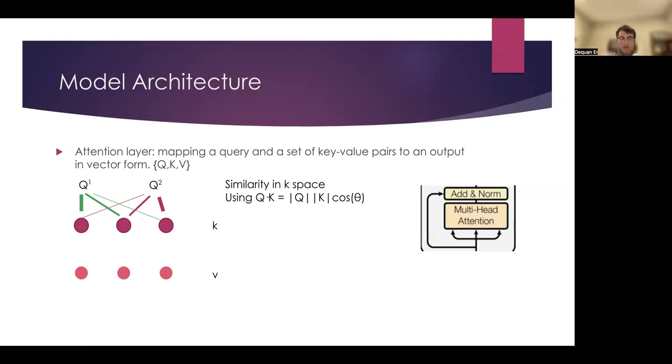Otherwise, they're kind of orthogonal. In such a way, you can determine the similarity weights between the query and each of the keys. Here you see this is very strong, this is medium, and this is very small for a different key. The same applies to query 2.